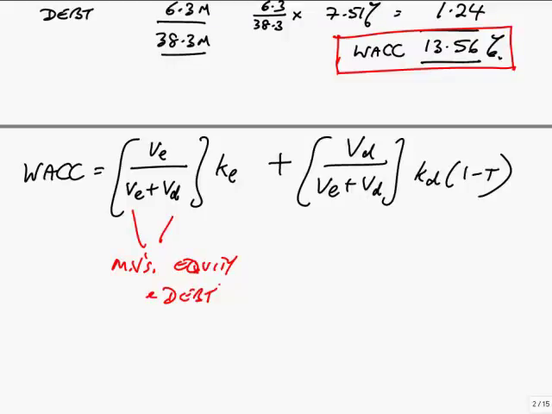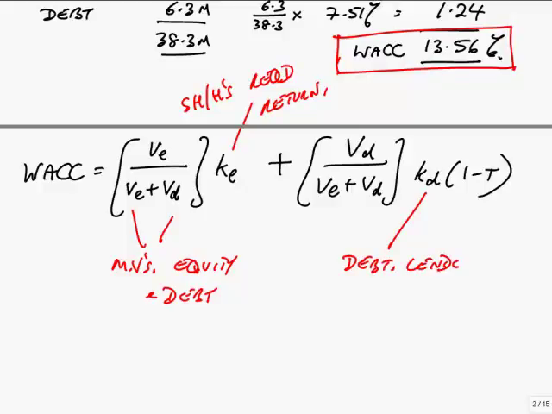E for equity, D for debt, I'm sure you can guess. KE is the shareholders' required rate of return. The KD is the debt lender's required return. And T, of course, is the tax rate.